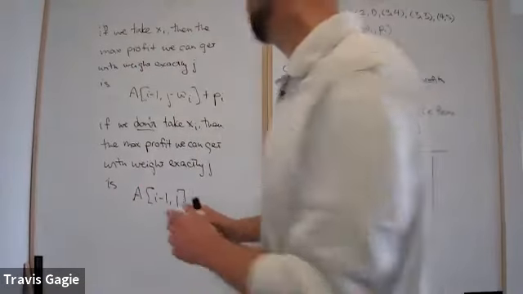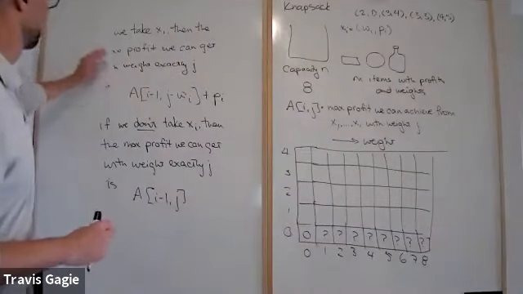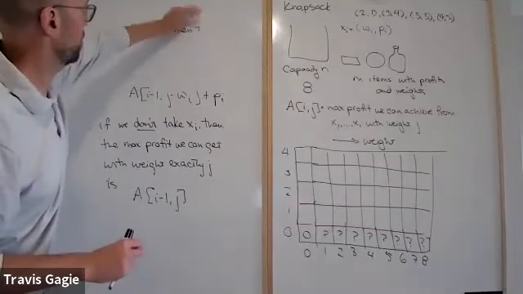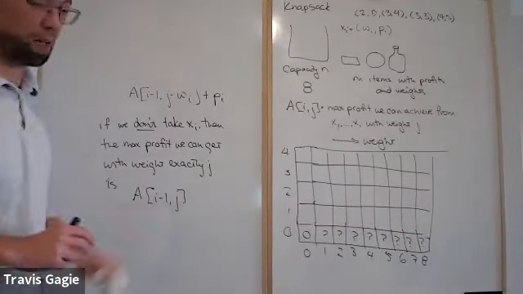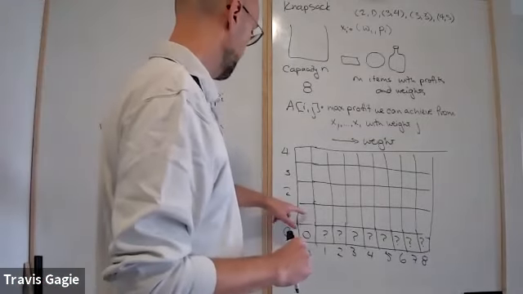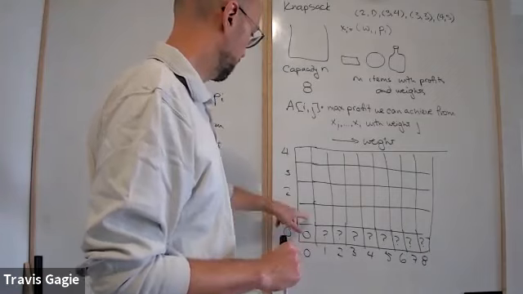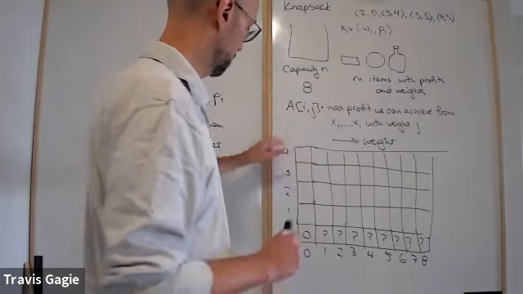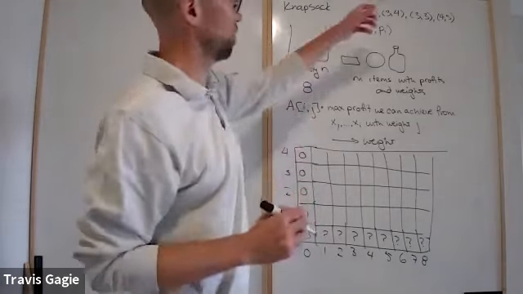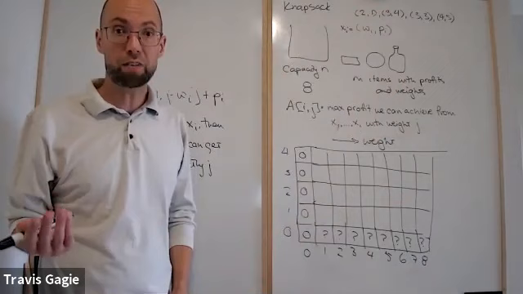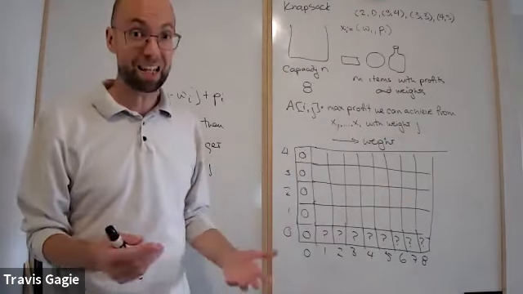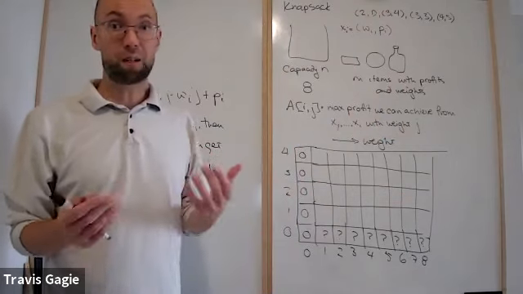So now I'm going to write. So we cannot achieve, incidentally, with weight exactly 0, what is the maximum profit we can get with each of these? It is 0. Because assuming that the weights are positive, the only way you can get weight 0 is not taking anything, and then you get profit 0.